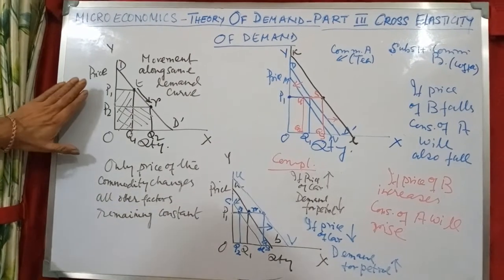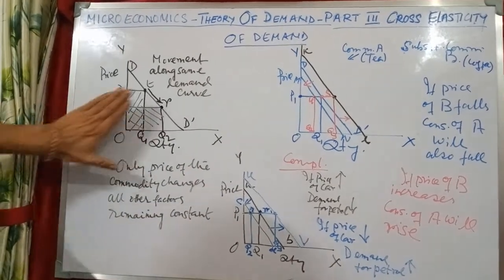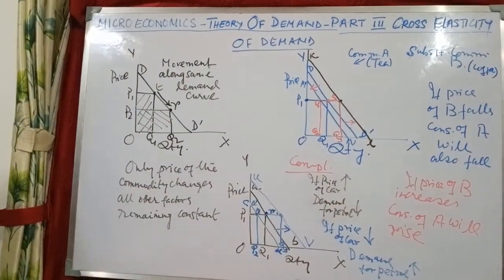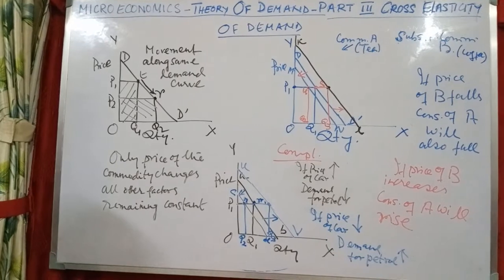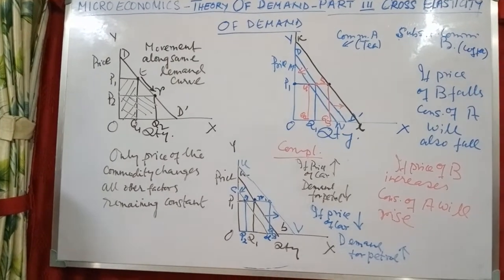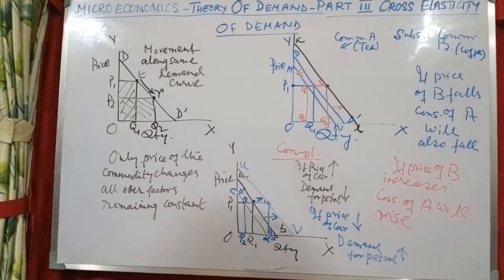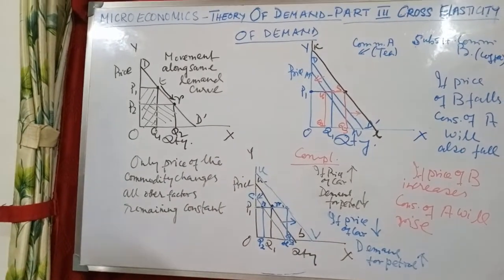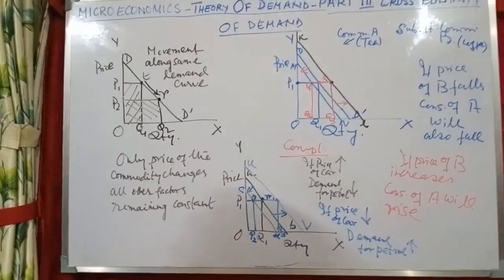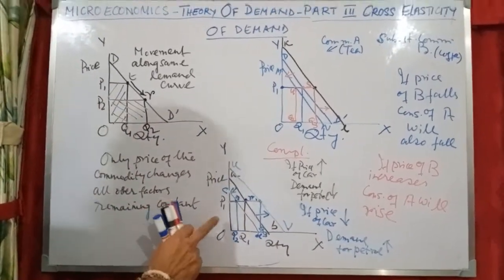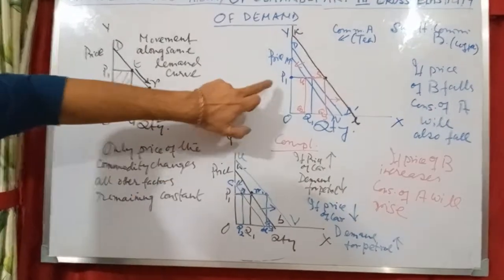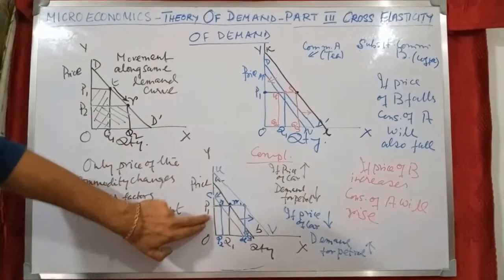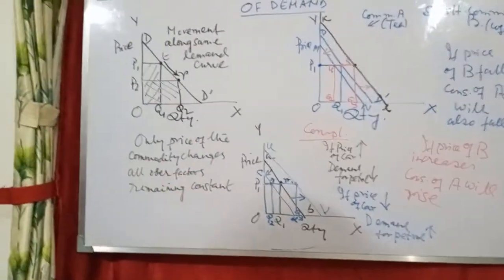So this is movement along demand curve and these are shifts in the demand curves. When price of a commodity changes, other factors remaining same, then movement along the demand curve is said to have taken place. In both the cases we have considered, the price of the commodity under discussion is remaining unchanged.